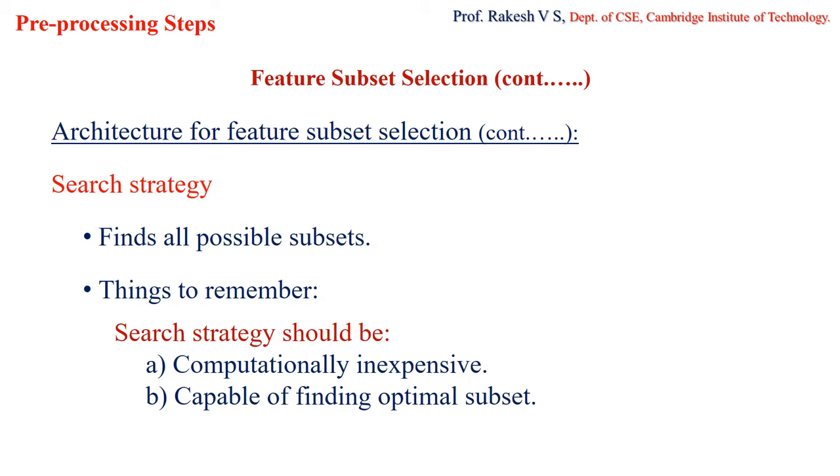So this is very important with respect to a search strategy. So whenever we are applying the search strategy, we have to keep these two things in mind. First, the search strategy that is used will be computationally inexpensive, whereas the second thing is that the search strategy that we have applied would be capable of finding the optimal subsets.